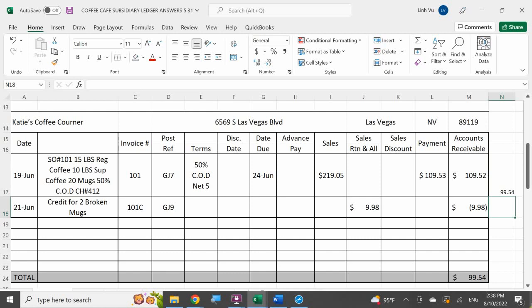So in this case, now it's our duty to issue Katie a brand new invoice, or in this case a revised invoice, with the 101R. And it's going to have what she originally ordered from us, and then the return or the credit will be applied. So that means her records are going to show that she owes us $99.54. Okay. Good. What else?